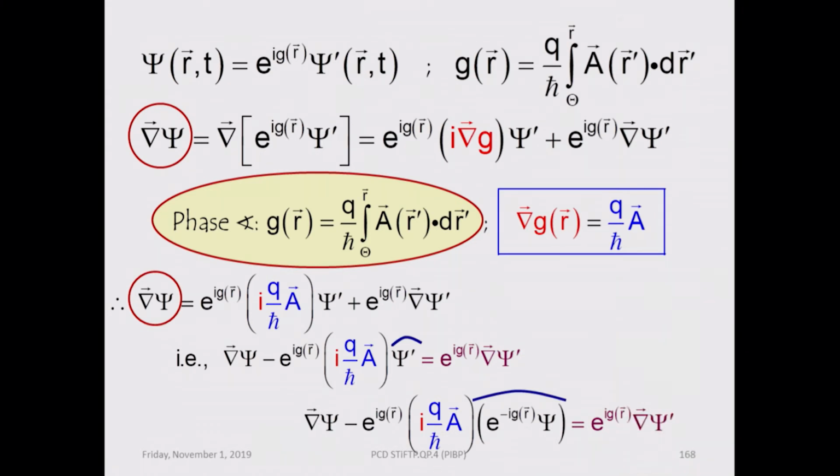Notice that psi prime is the same as the term in the parentheses in the last term, that is nothing but psi prime. Okay. And notice further that now on the left hand side in the second term you have e to the igr and also an e to the minus igr, and they are coming only as multiplicative terms.